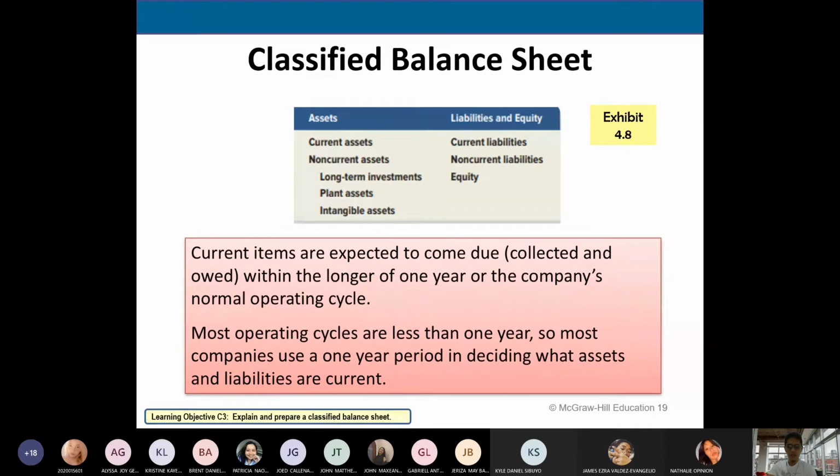No? So, under kasi ng balance sheet, pwede nating i-further classify yung assets natin as current and non-current.